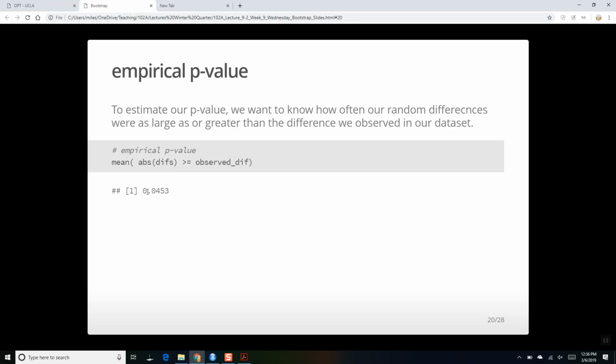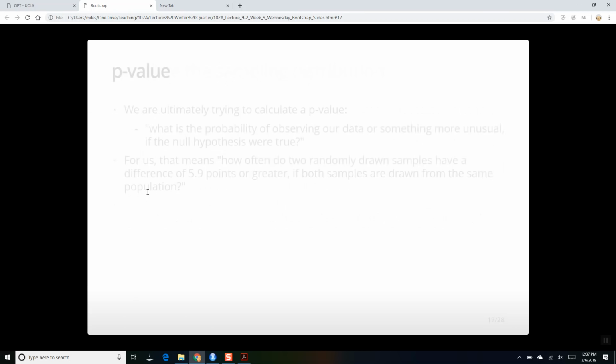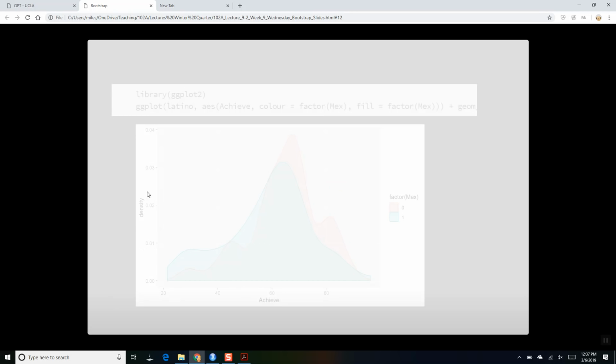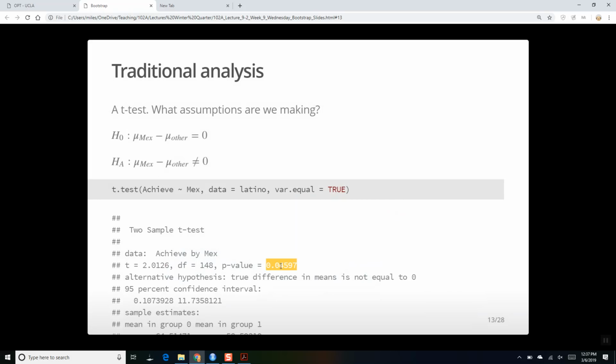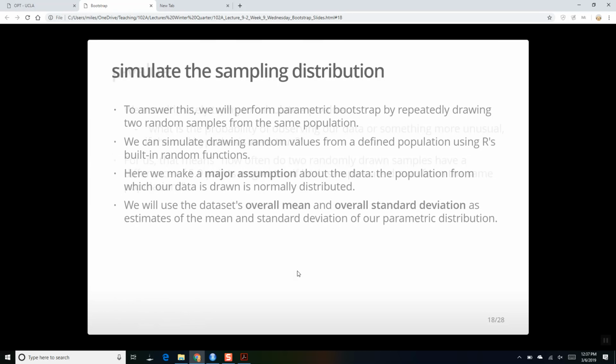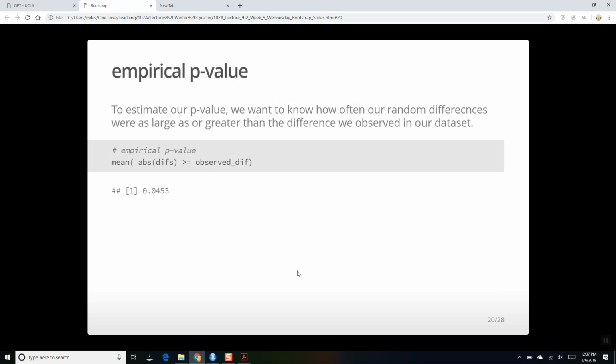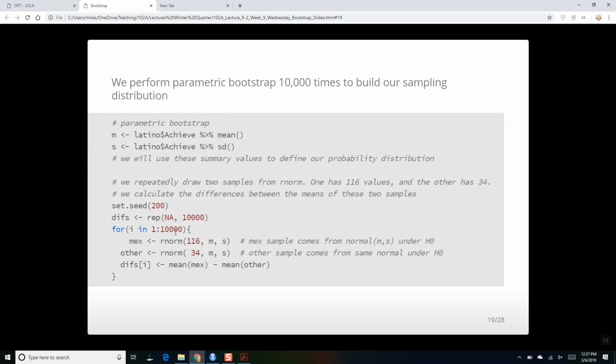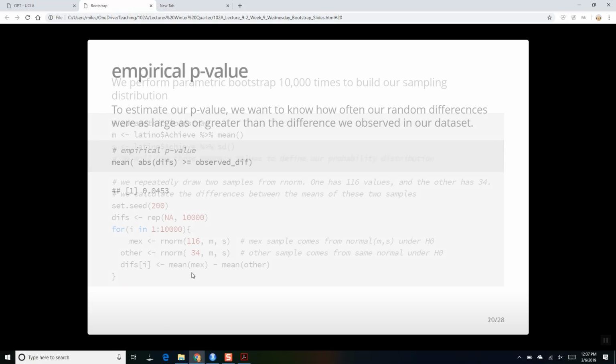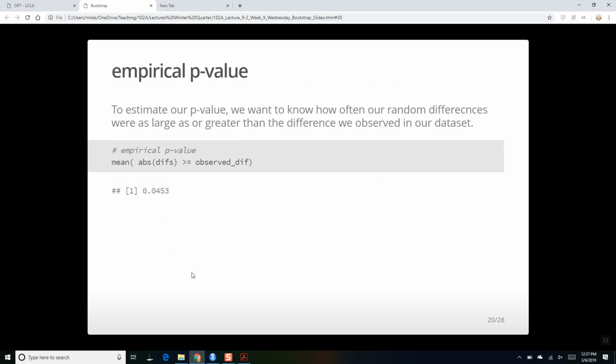That's a little bit under 5%, which lines up quite closely to what we got over here. According to the t-test, we would get 0.04597. So our parametric simulations agree with that, as we would expect, because those are basically the same assumptions that go into a t-test.